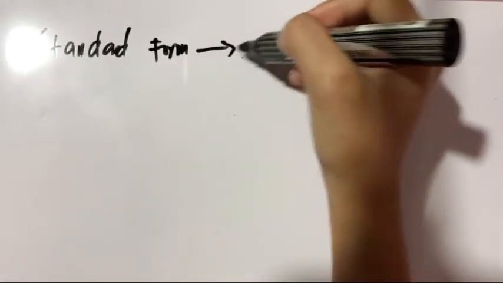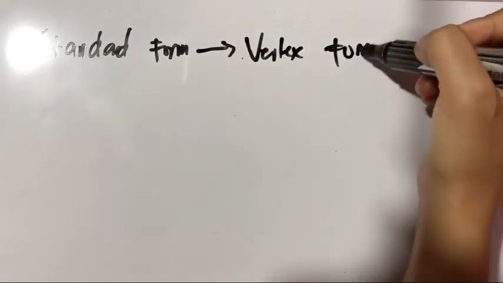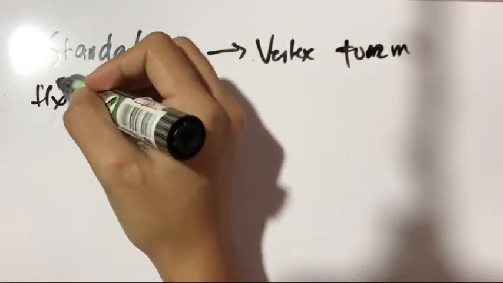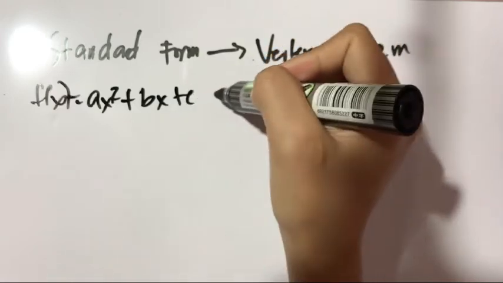So, let us try in here. From standard form to vertex form, no? So again, the standard form is f of x equals ax squared plus bx plus c.